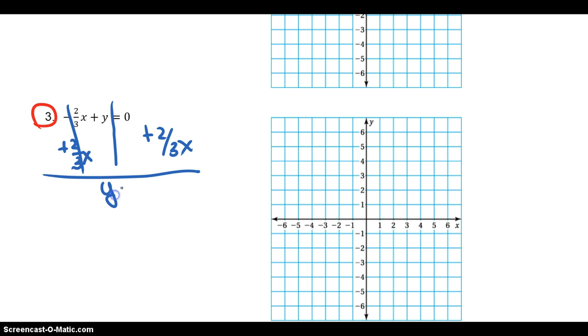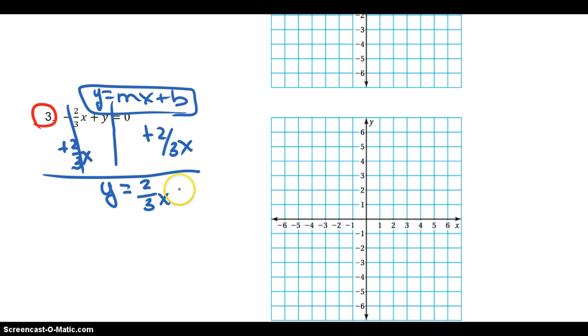I bring down my y equals 0 plus 2/3 x. Remember, if I want y equals mx plus b form, I want my x term first. So I put the 2/3 x in front and then plus 0. Do I need to write the plus 0? No. I could have it there or not. I really would prefer it not to be there. But we'll talk about what happens there. So we have this right now: y equals 2/3 x. That's step 1. It is in y equals mx plus b form.